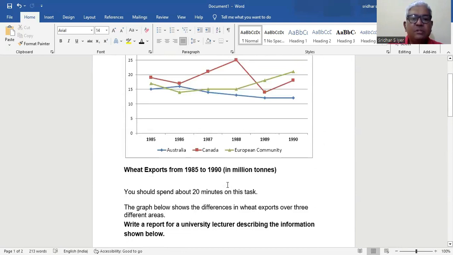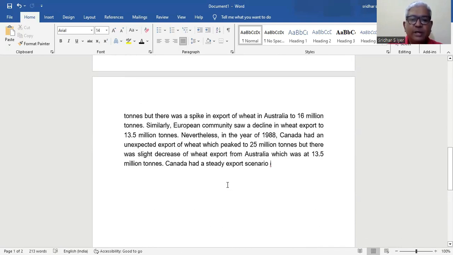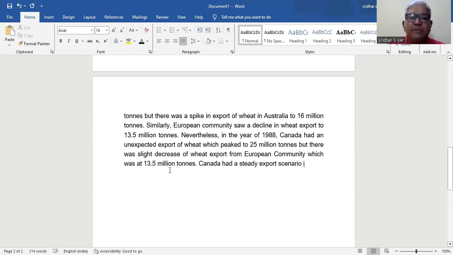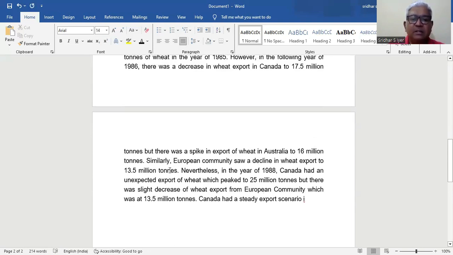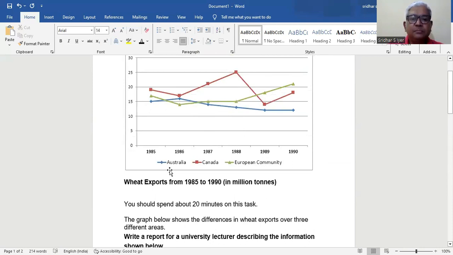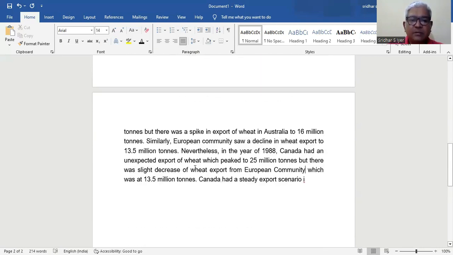No, I think it was European Community, sorry, which was at 13.5 million tons in the year of 1988. It's kind of still confusing.